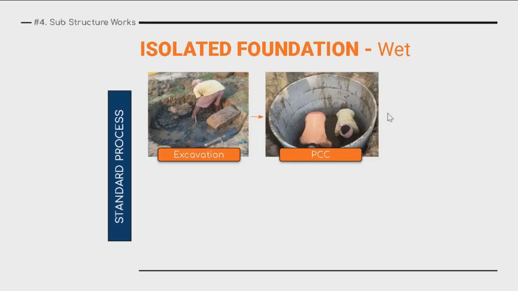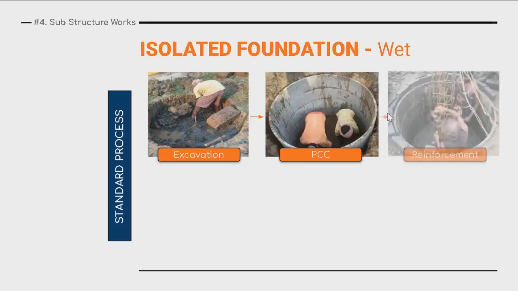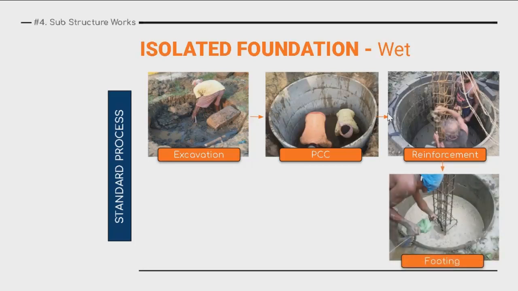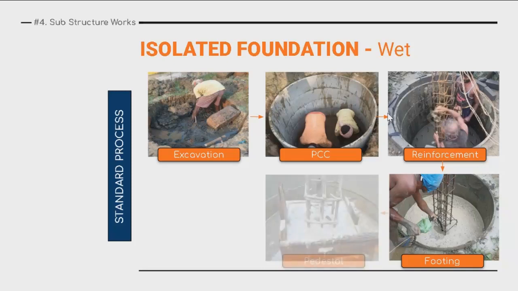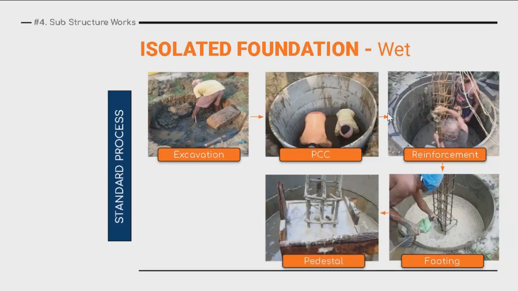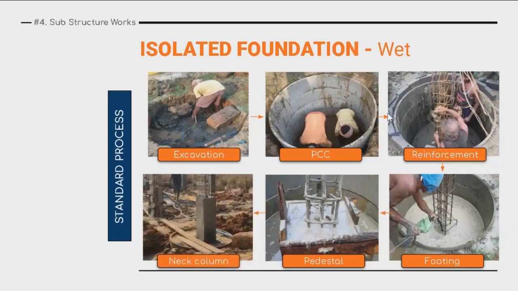So what we have done is we have placed these precast hollow chambers, and this is where the PCC is being done. Then the reinforcement is placed, then the footing is placed, then the pedestal is kept, then the neck column is casted. So in here the first three processes are different from the dry part, right?